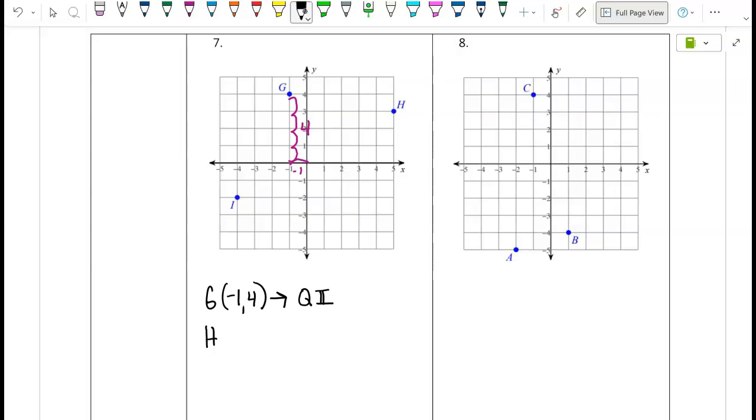Next, we're going to go to point H. Jaden Asensio, what is the ordered pair for point H? Five, comma 3. So again, if we start at the origin, 1, 2, 3, 4, 5, and then 1, 2, 3.